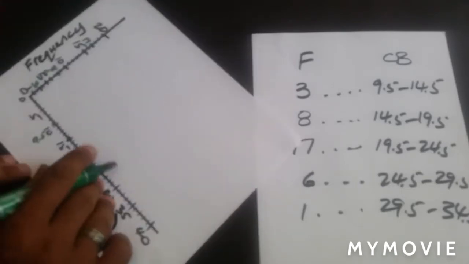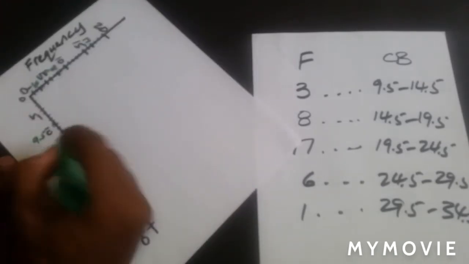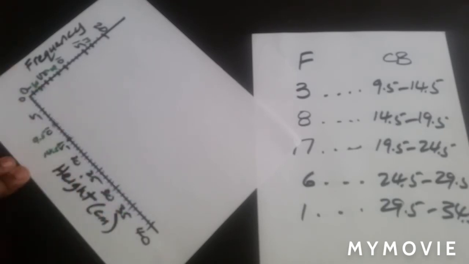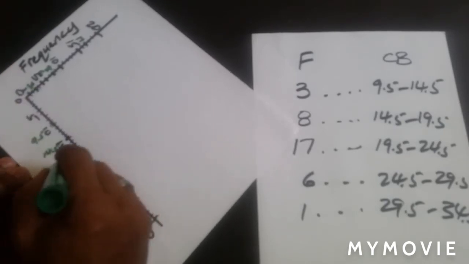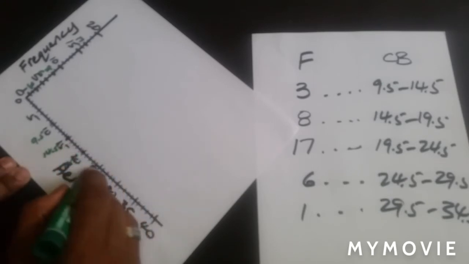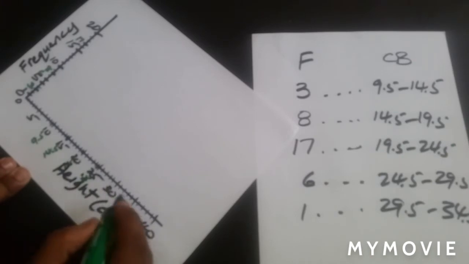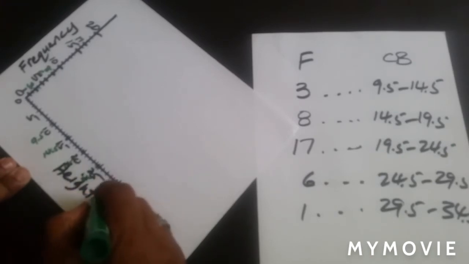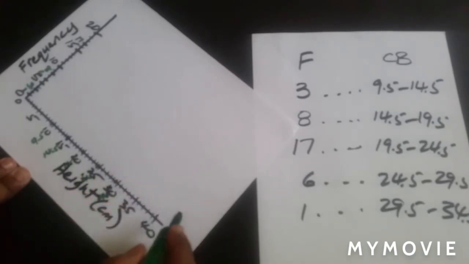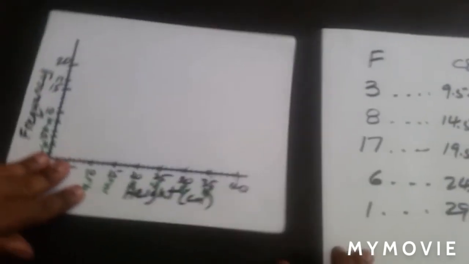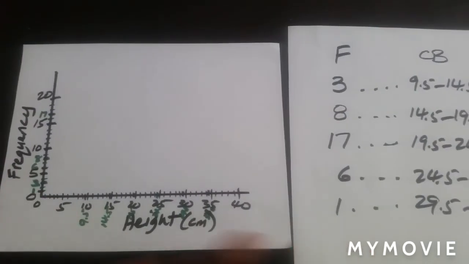So that's 14.5. Just going to number them quickly. Next one would be 19.5. That would be here. So I'm just going to number that. 19.5. 24.5 is the other one. 29.5 would be there. And the last one would be 34.5, which is this.